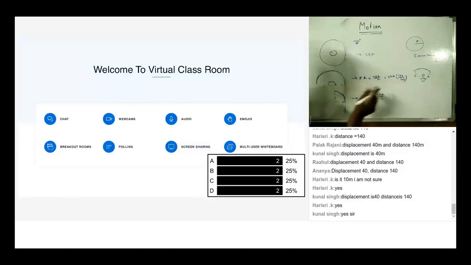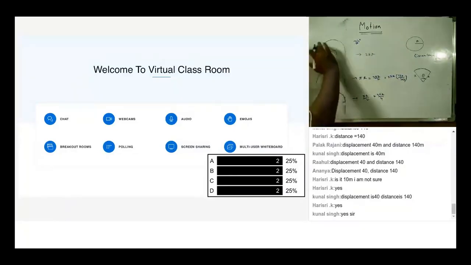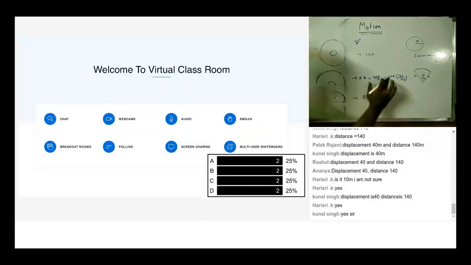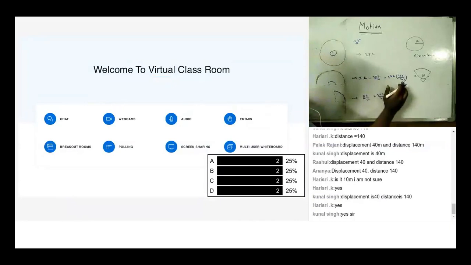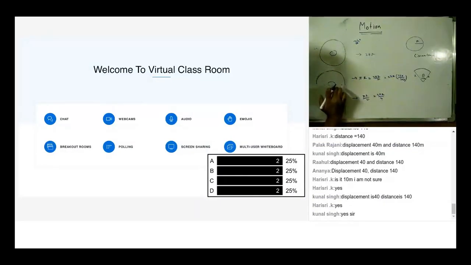Because for the total, I divided 2 pi r by 360 since the total angle is 360. In a semicircle, I'm taking 180 degrees, so the length of the arc is 2 pi r into 180 by 360. I hope that is clear to all of you.